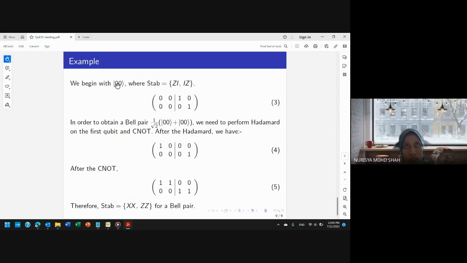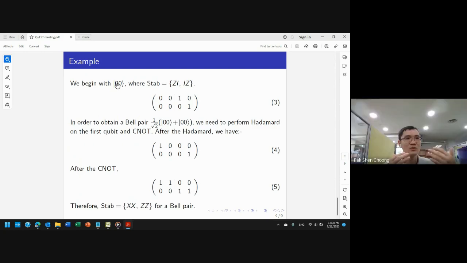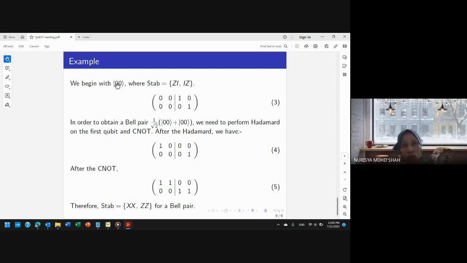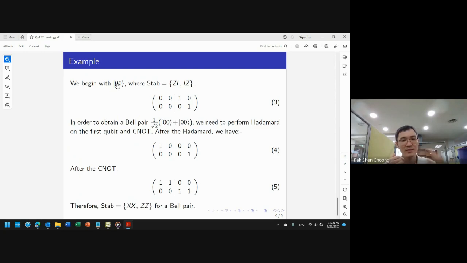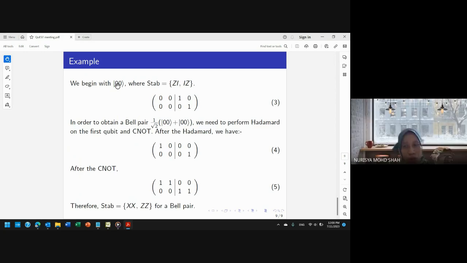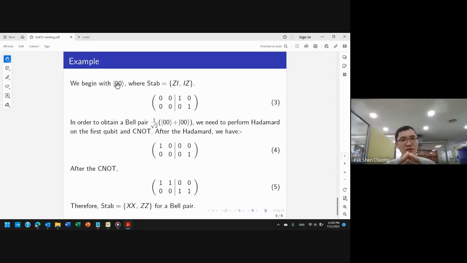Difficult to imagine. So I start with 0, 0, I have to get the plus plus first. So you apply Hadamard on both qubits. Then you do the CZ.